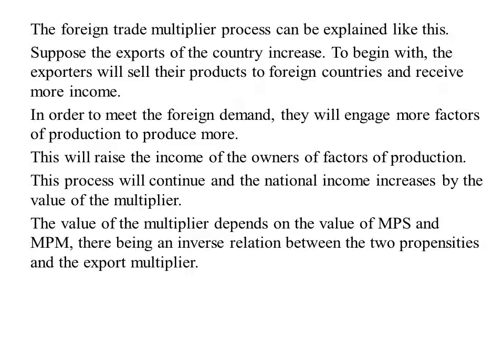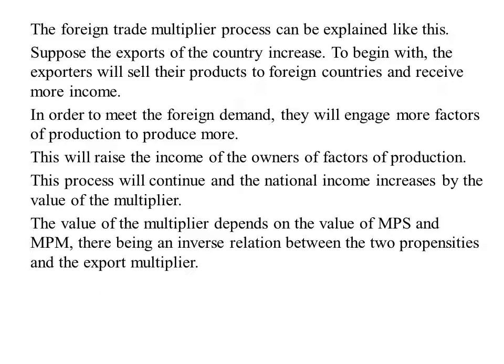Okay. Suppose the export of a country increases, exporters will sell their product to foreign countries and they receive more income. And the exporters will engage more factors of production to produce more in order to meet the foreign demand.